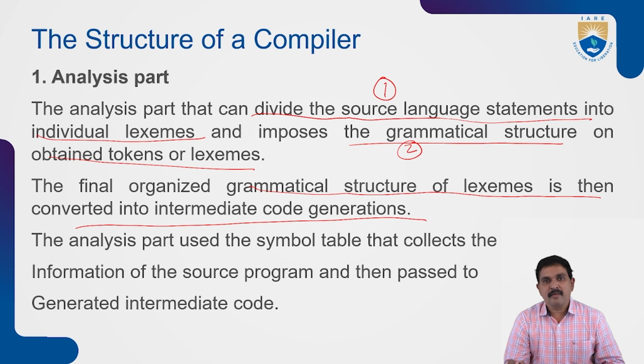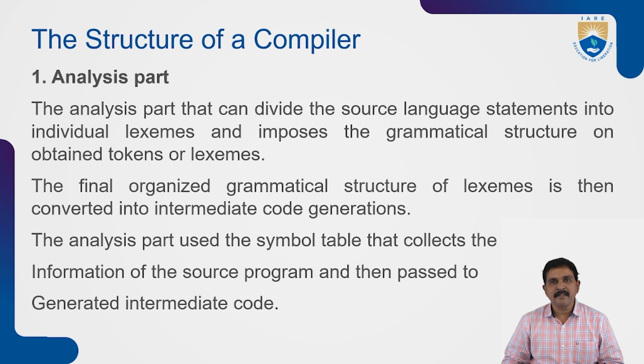So these are the four important phases. The analysis part consists of the lexical analysis phase, syntax analysis phase, semantic analysis phase, and intermediate code generation. Along with these four phases, the analysis part also interacts with a special kind of data structure called the symbol table. The symbol table records the information of various fields.